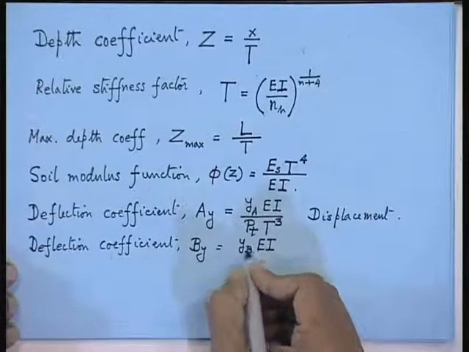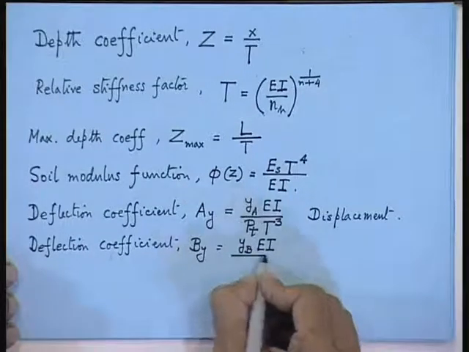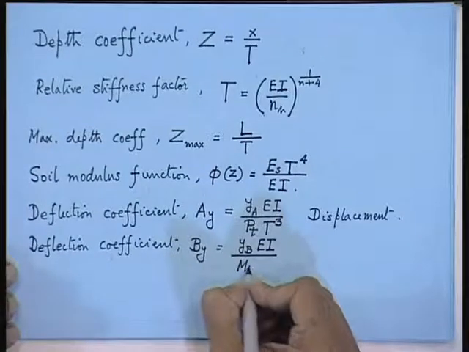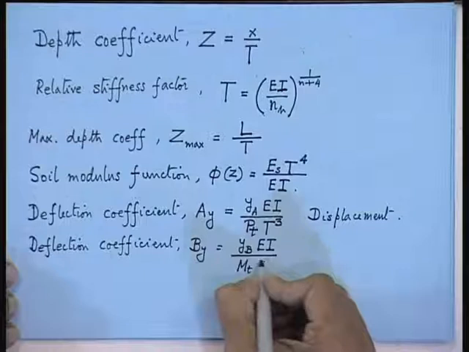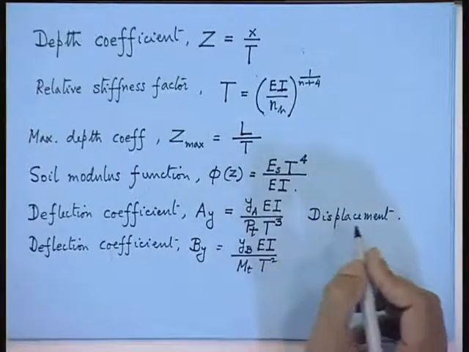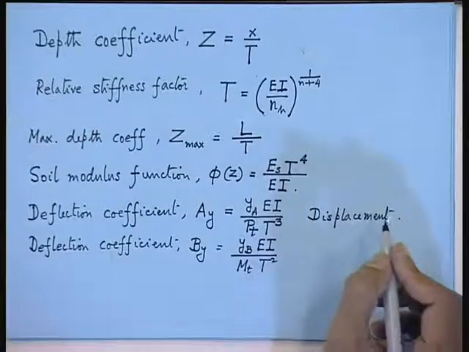So, instead of PT, this will be MT and the T square will come. So, all these are non-dimensional terms. You just use them because we are doing non-dimensional analysis.